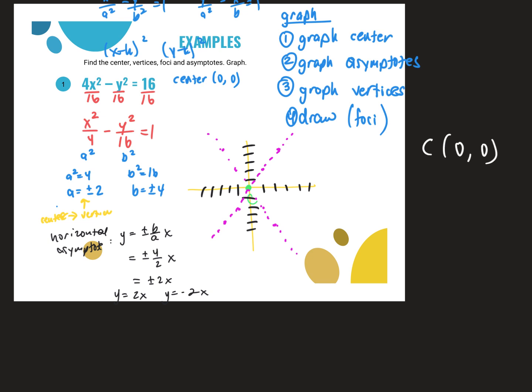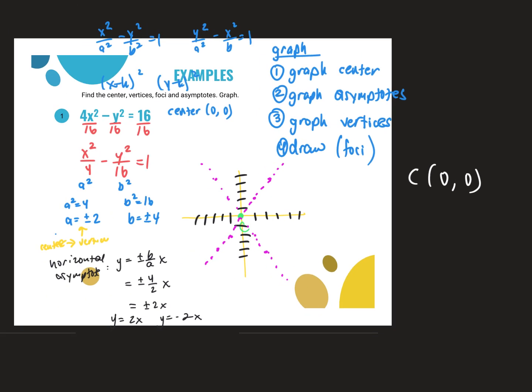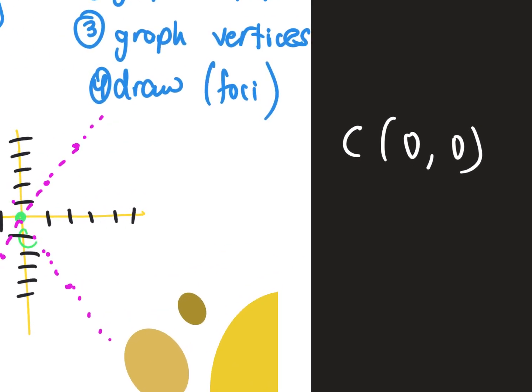If I am going to find my vertices, think about where my vertices are. Are they on the X-axis or the Y-axis? The X, because this is a horizontal. So I'm going to add and subtract what number? 2 to what letter? So she does this, plus minus 2.